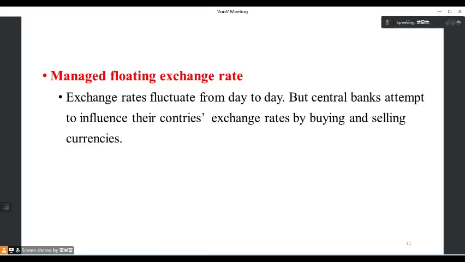This kind of floating exchange rate, we can call it managed floating exchange rate.